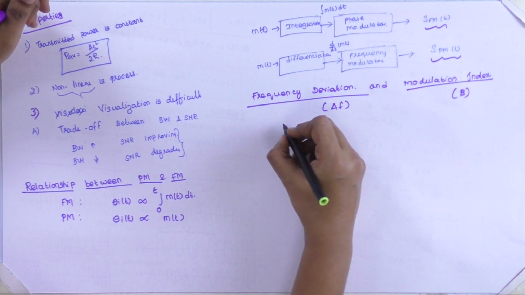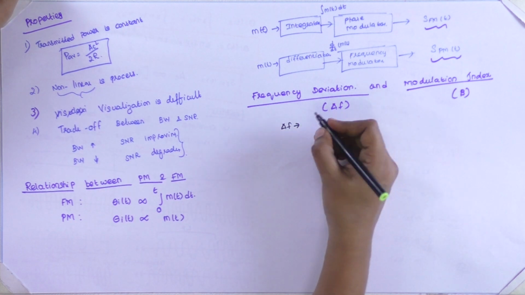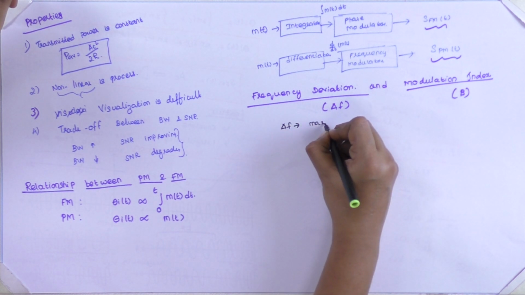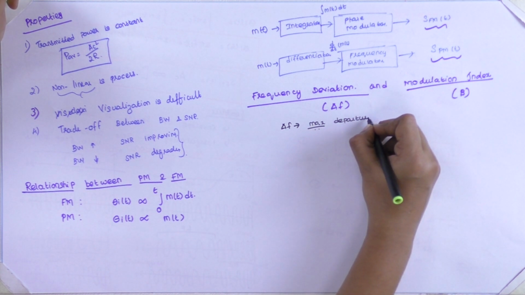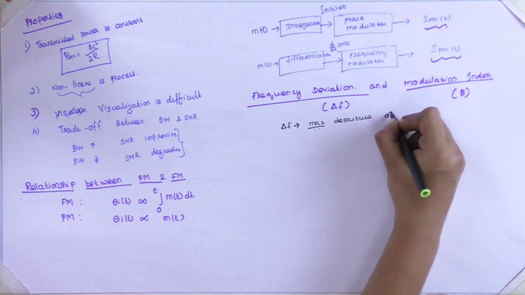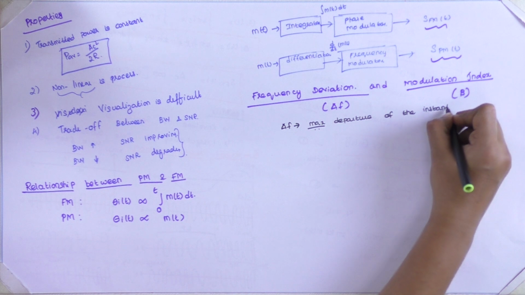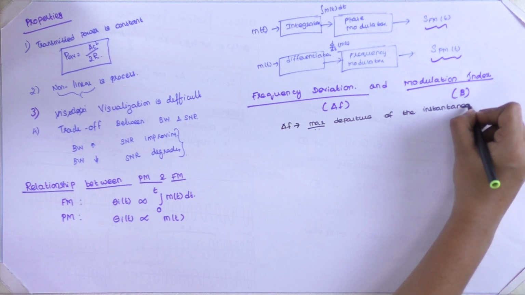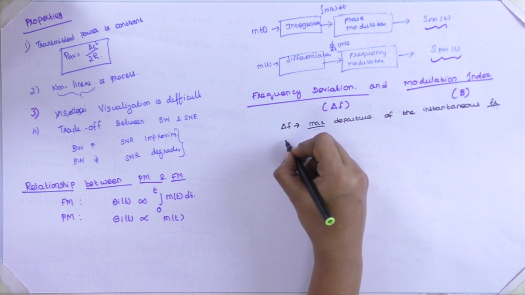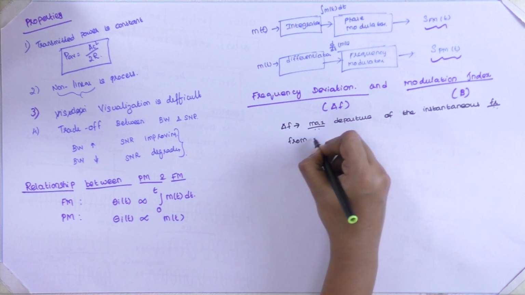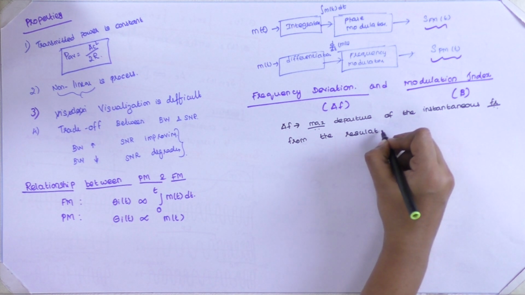We know that f_i of t, delta f is the frequency deviation. It is defined as the maximum departure or deviation of the instantaneous frequency from the carrier frequency of the resulting modulated FM signal.